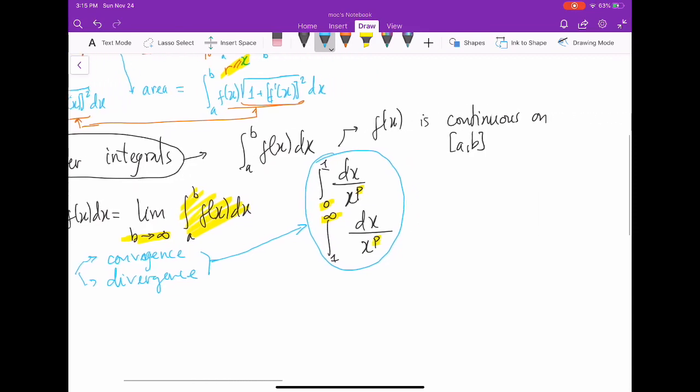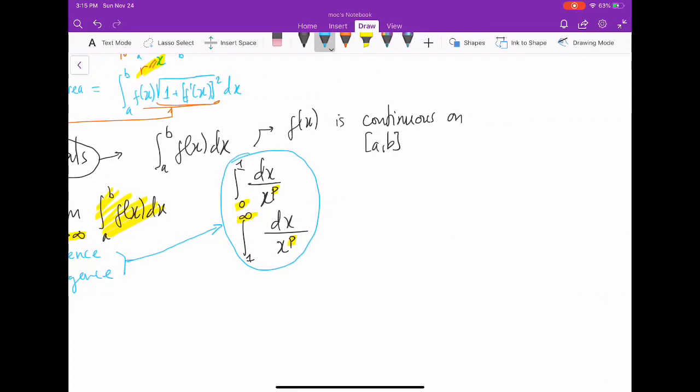Okay, and let me remind you, for the first integral, the first guy right here, this integral converges if p is less than 1. If p is less than 1, converge. When p is greater than or equal to 1, diverge.